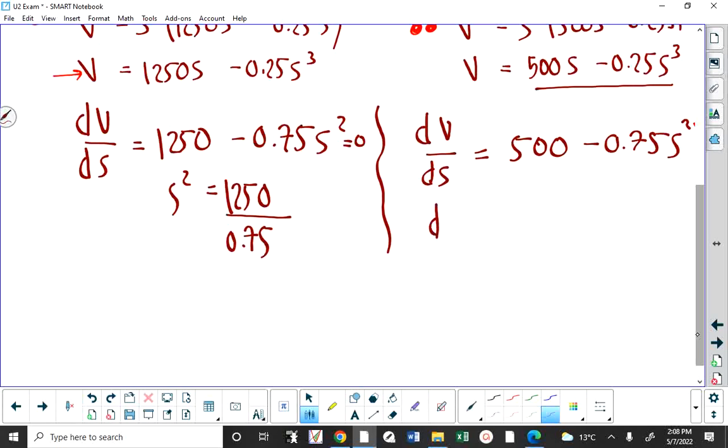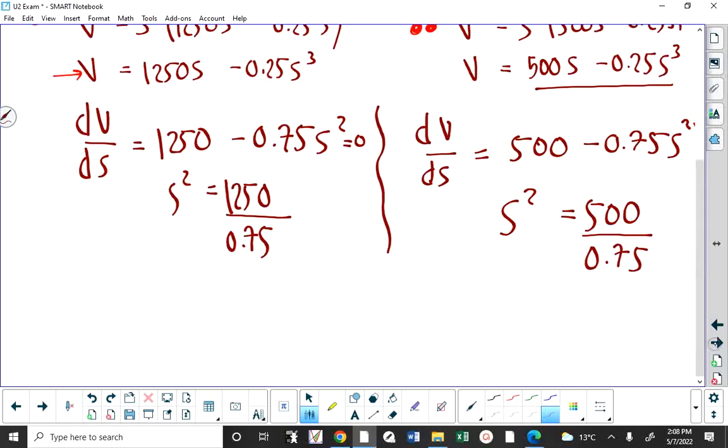So that means dv/ds, when you set it equal to 0, will lead you to s squared equals 500 over 0.75. And you can do the same thing that we did with the other question.